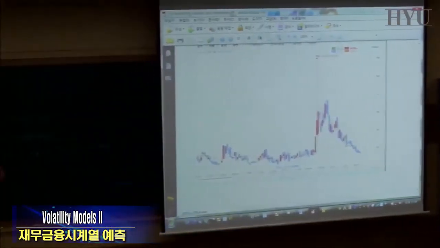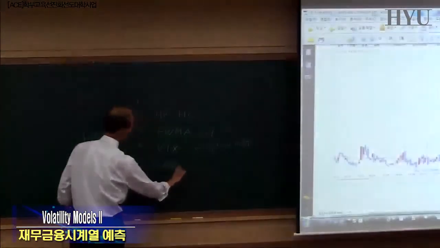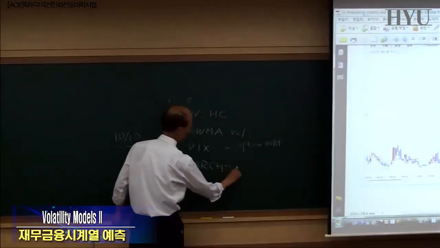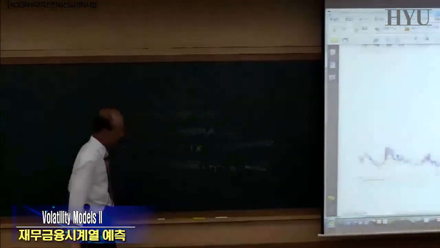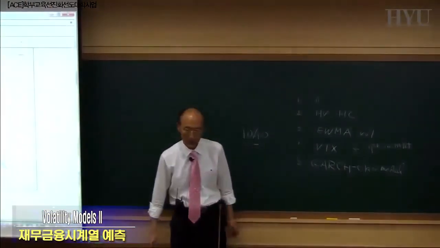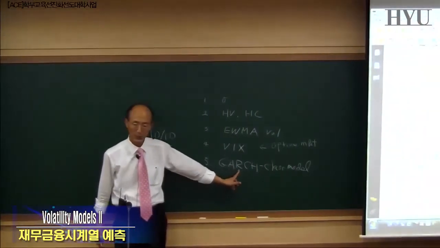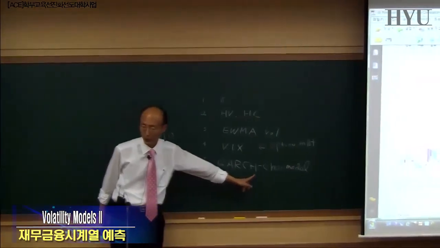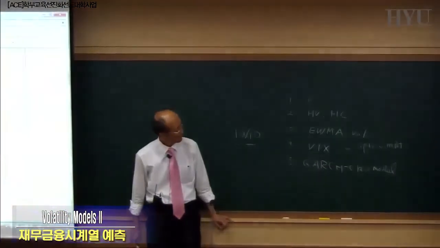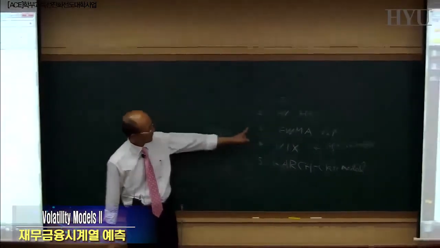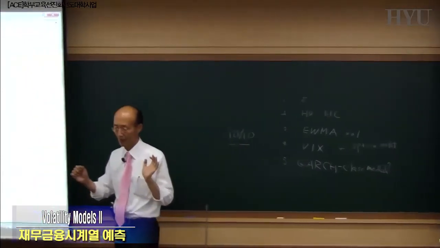The one we're looking at today is something called the GARCH class model. It stands for generalized autoregressive conditional heteroscedasticity. So you will see that shortly. These numbers can be calculated if you have just data.